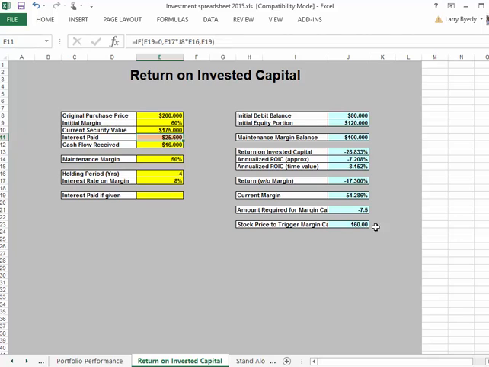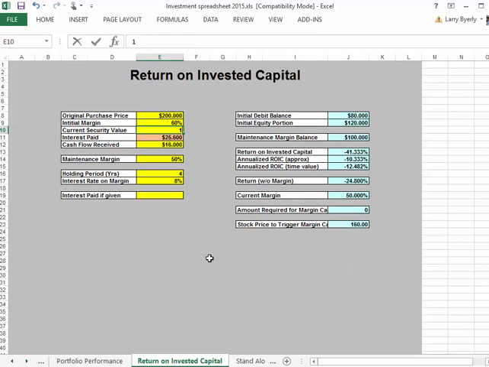We have a cell down here that says this is the stock price that's going to trigger the margin call. So if this goes to $160, you can see now that we're exactly even. There's no margin call, but anything less, we're going to have a problem.